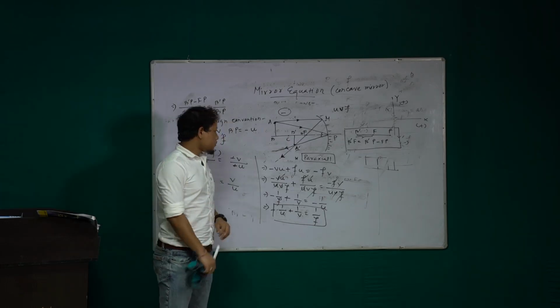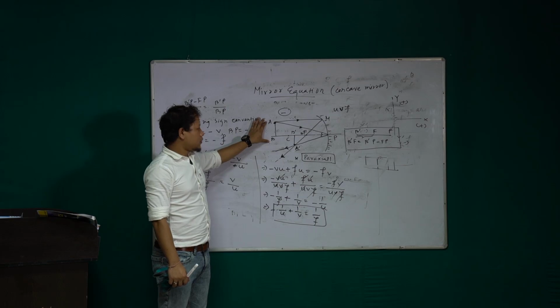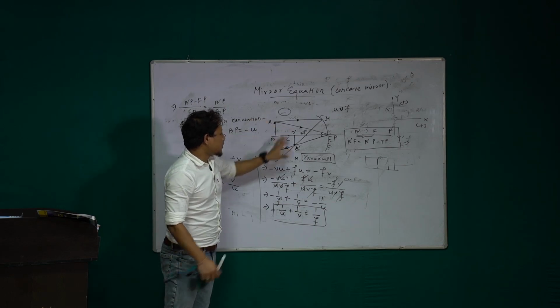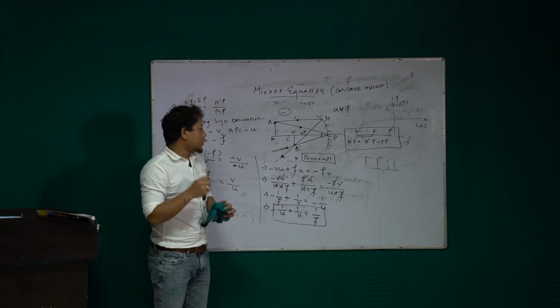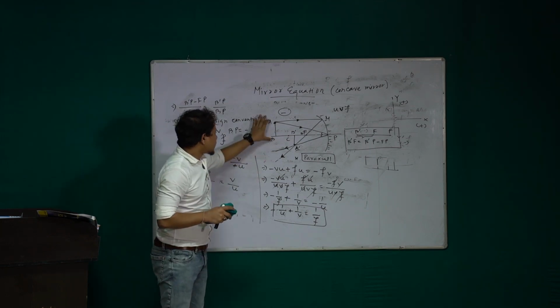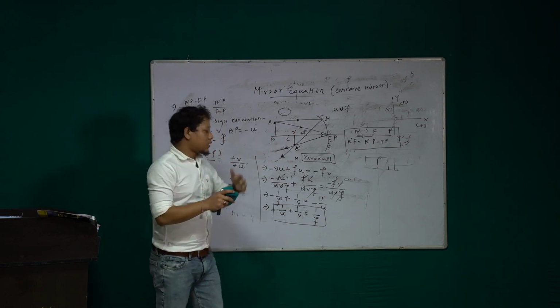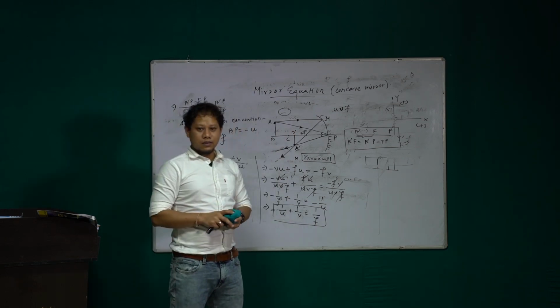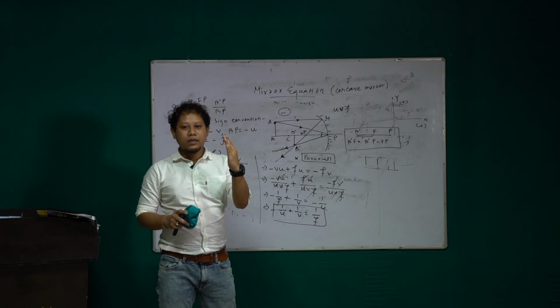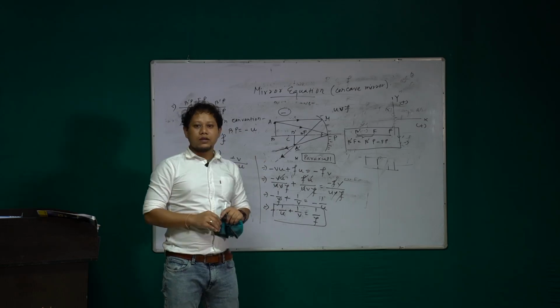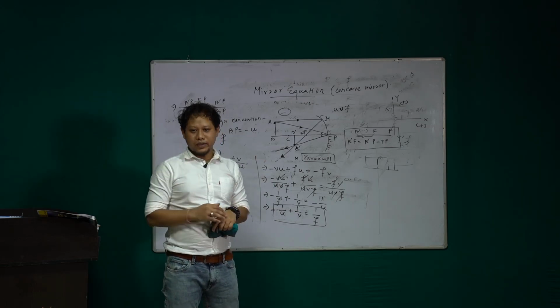Now, one more thing: the relation between the size of the object and the size of the image, their comparison. This is again a very important parameter. When you compare the size of the image and the size of the object, that parameter is called, in our book, linear magnification.